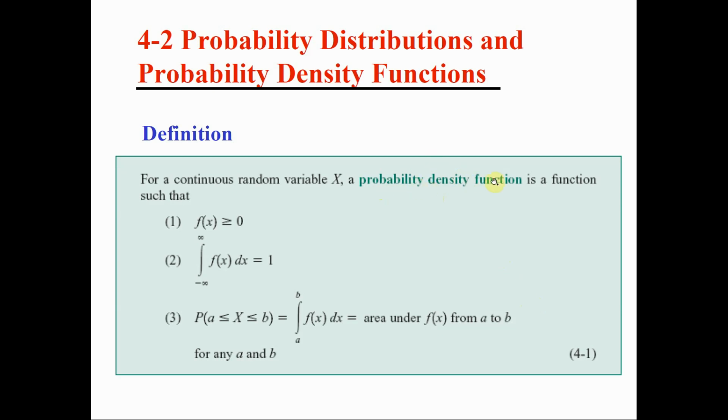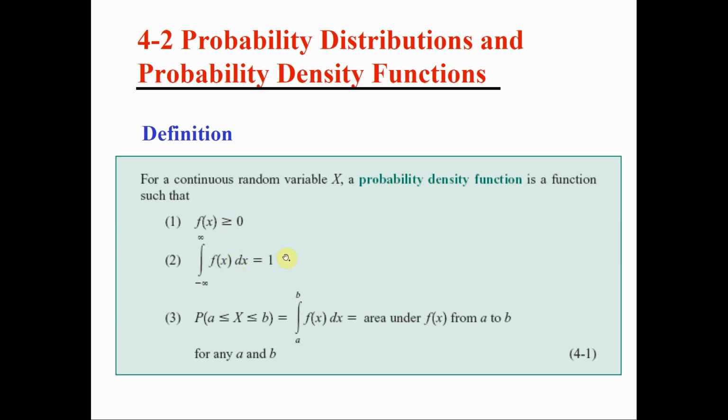So the probability density function, like any probability function, has the basic properties. So first of all, since probabilities cannot be negative, the probability density function is greater than or equal to 0. It cannot be negative. And since the sum of all probabilities equals 1, basically the summation of all function values is equal to 1.